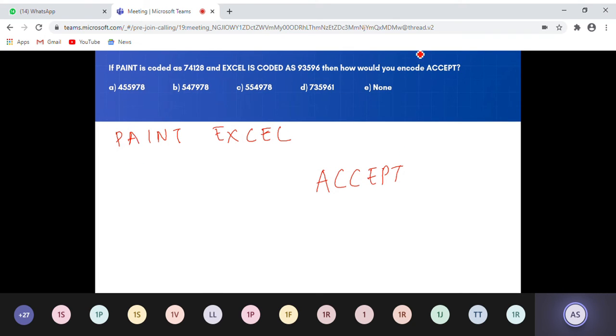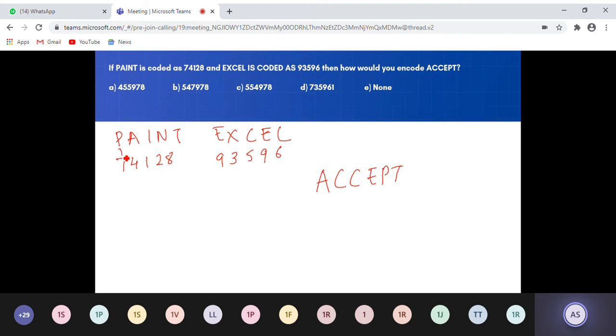Paint is coded as 74128, and Excel is coded as 93596.